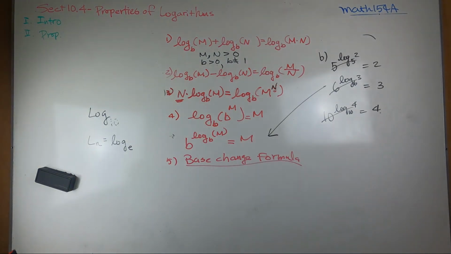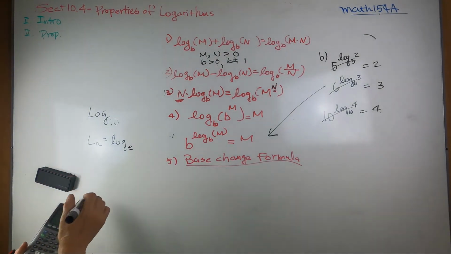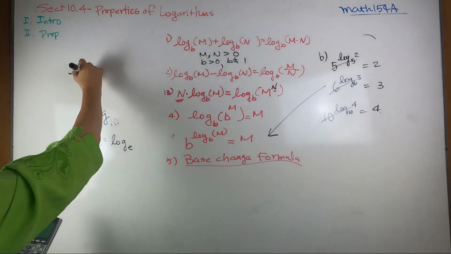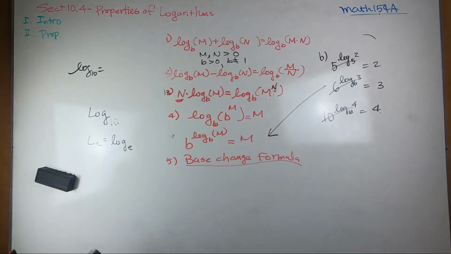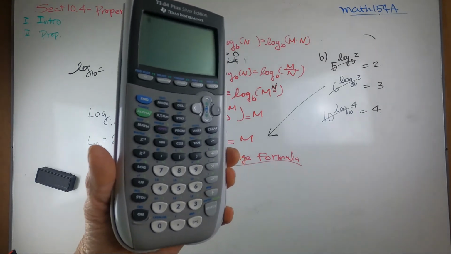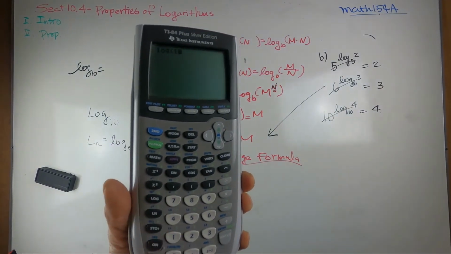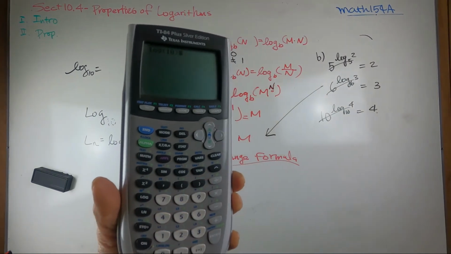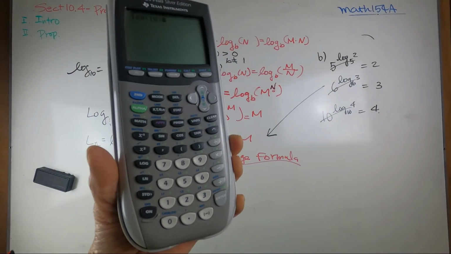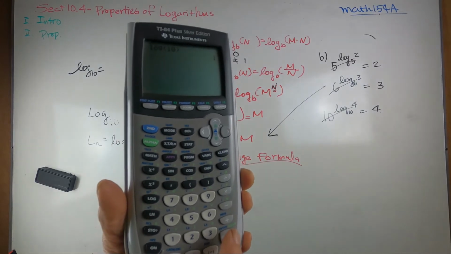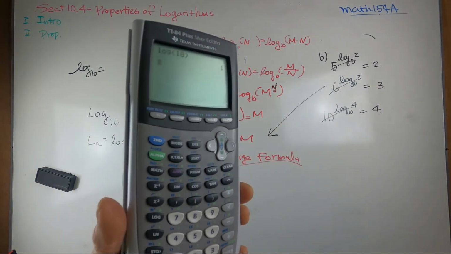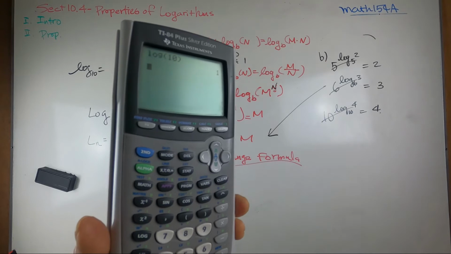What does it mean? However, if you want to find the log_10 10, how do you do log_10 10? Right? So you just do log, then you put a 10 in there. What should you have? You should have 1. Right?